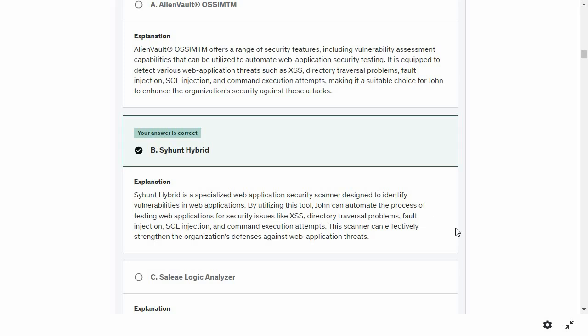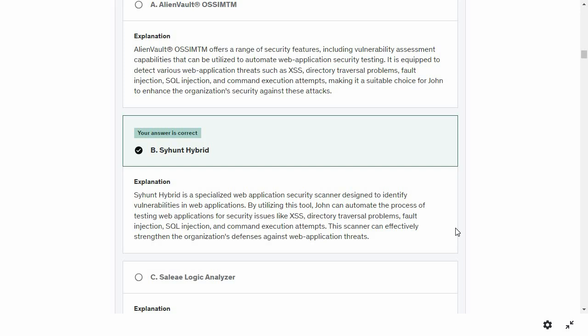It is equipped to detect various web application threats such as XSS, directory traversal problems, fault injection, SQL injection, and command execution attempts, making it a suitable choice for John to secure the organization against this task.